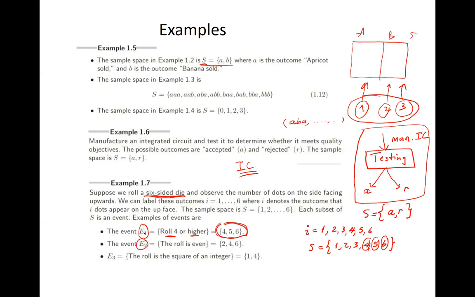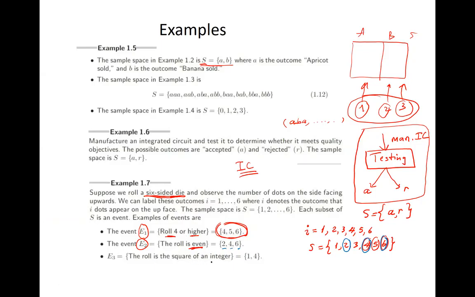Another event, E2, might be the roll is even. So we look at the even numbers in here. You see even numbers 2, 4, and 6. So the outcomes of this event will be 2, 4, and 6.